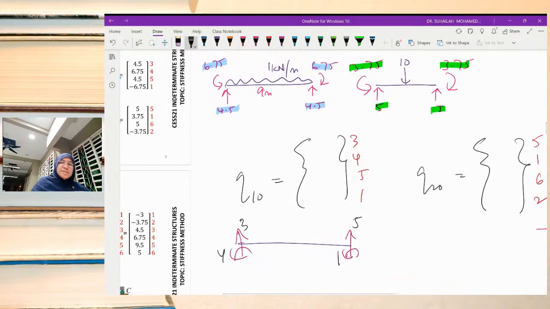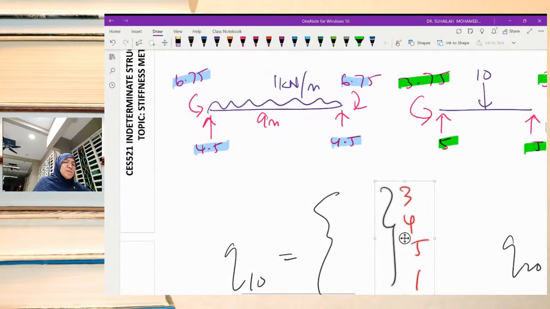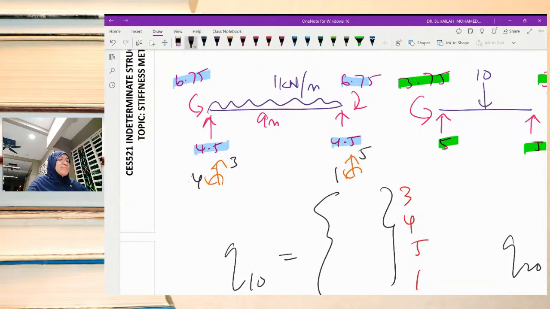And this degree of freedom, we have to compare with this. To make it easier, let's say I just put the label like this. So this is 3, 4, 5, 1.